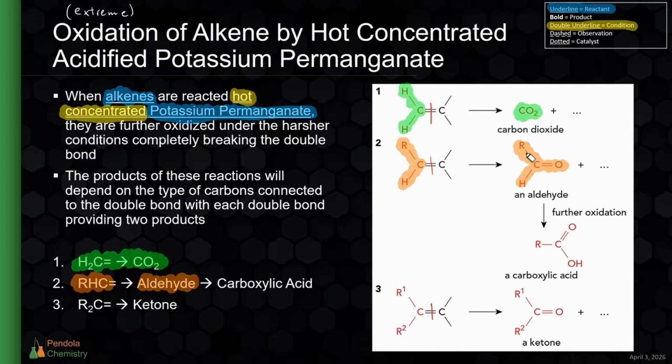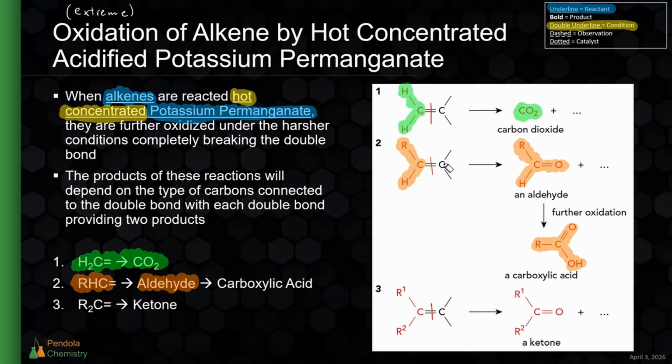If that aldehyde is left in the reaction, if we do not remove it, it gets further oxidized into a carboxylic acid. We're actually going to learn about this reaction in chapter 18, where an aldehyde can be oxidized by the exact same conditions into a carboxylic acid.